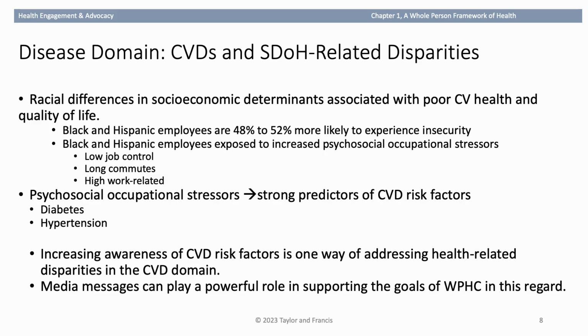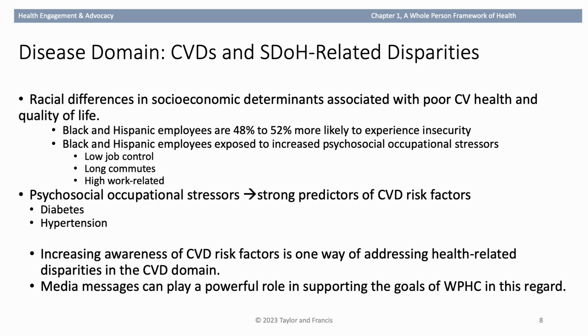Here is more background information, and it gives you a little bit more on racial differences in socioeconomic determinants that are associated with poor cardiovascular health and quality of life.